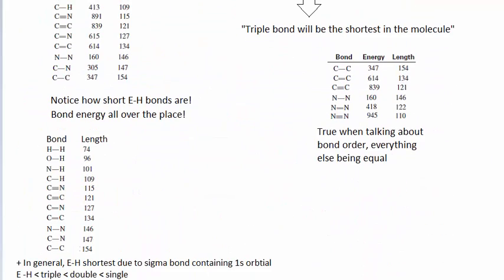Remember, going single, double, triple, you increase in bond energy. So your triple bond will usually be your strongest, but it usually won't be your shortest because of these CH bonds or NH bonds or what have you.